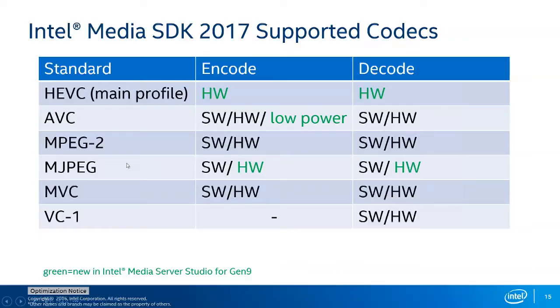So this AVC encode now has, from a hardware perspective, that was the VD-ENC pathway. In Media SDK, we call it low power. And a few slides later, I'll show how you enable that. Also, Motion JPEG gets hardware acceleration.